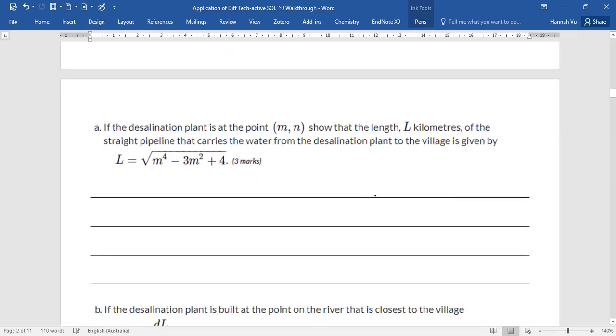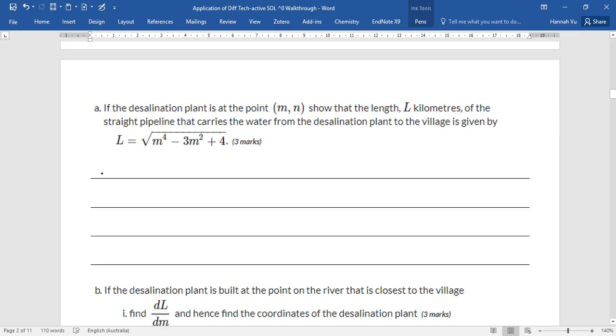So essentially you need to show the distance. So L is the distance between 2 points. It's the distance between the one point, m and m squared minus 1, and the other, 0, 1.